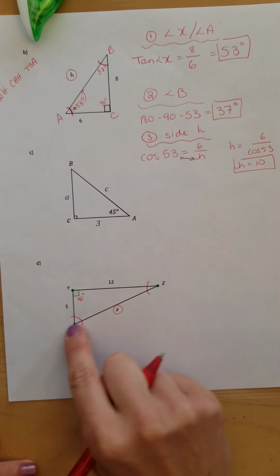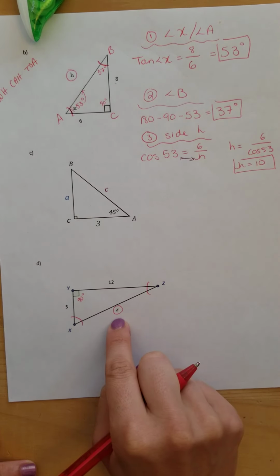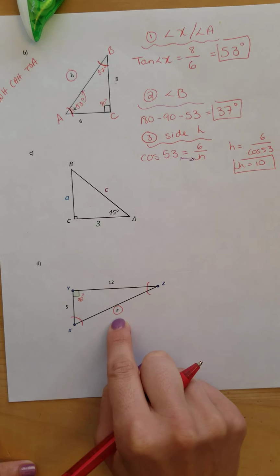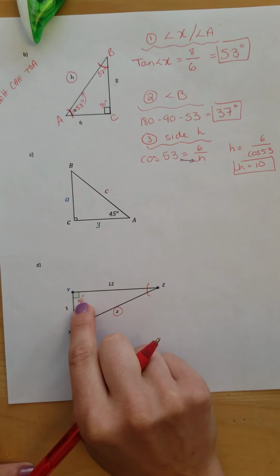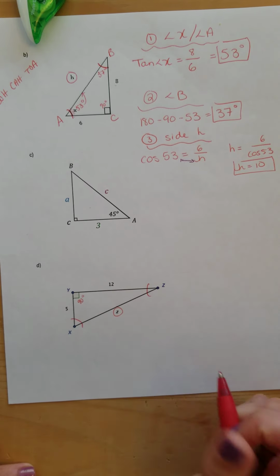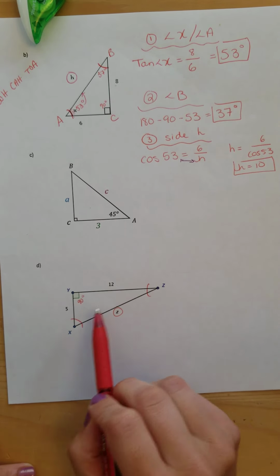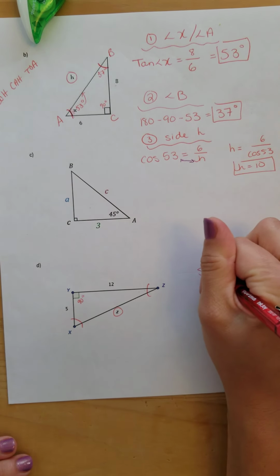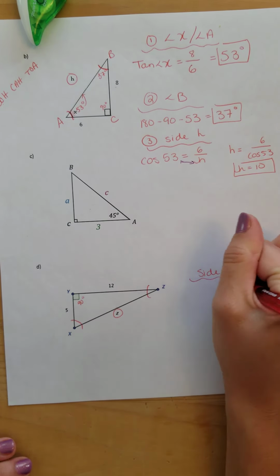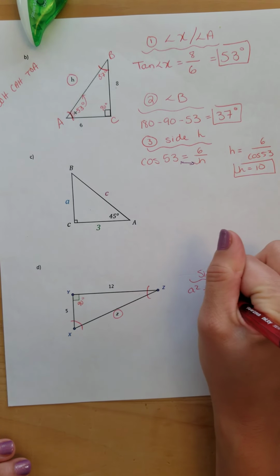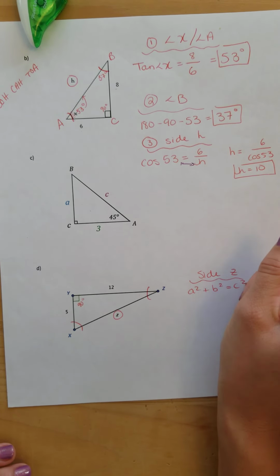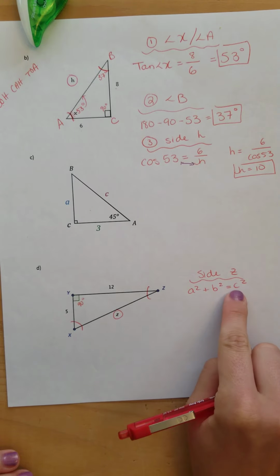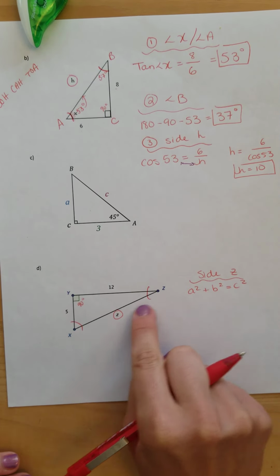Okay, well, if you want to find Z first, you actually can't use sine, cos, or tan here, because I told you I don't want you using sine, cos, or tan with 90. I only want you using sine, cos, or tan with one of the other angles, which we don't have. So if you're dead set on finding side Z first, you still can, but with the Pythagorean theorem, because you're given the other two sides. So C is always reserved for the hypotenuse, which happens to be what we're looking for.